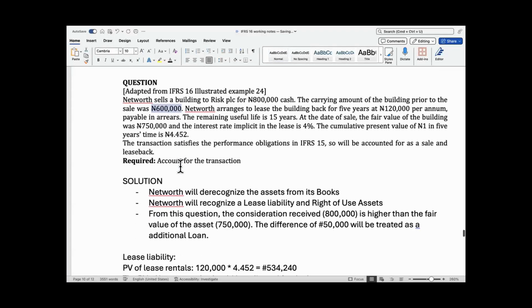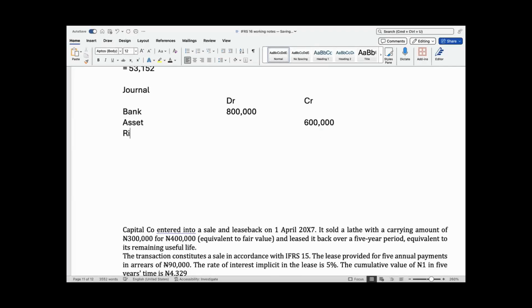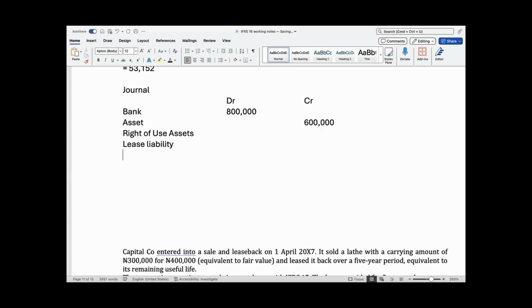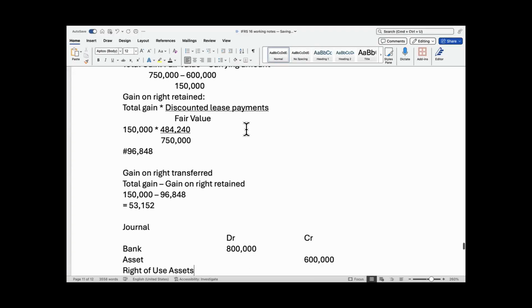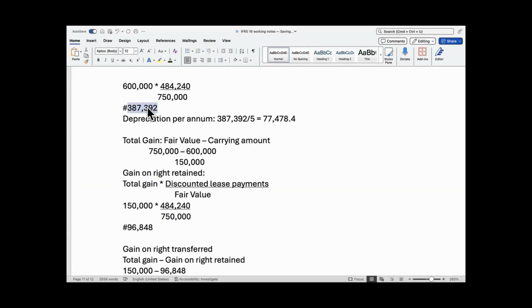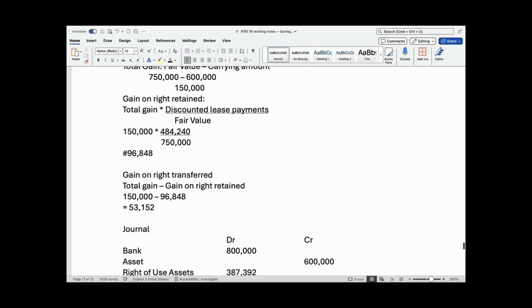Then he will recognize right of use asset and lease liability. And we separated the lease liability from the loan. How much was the right of use asset that we computed? That's this 387,392. That's the debit, of course. The lease liability will be a liability credit.